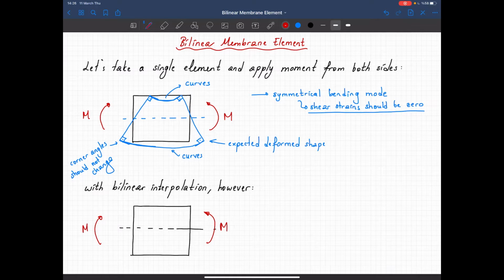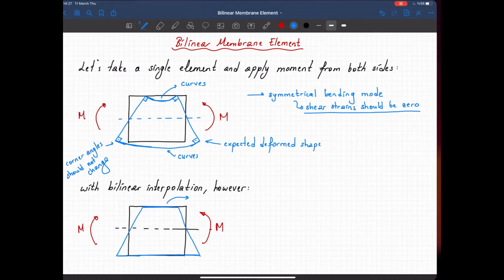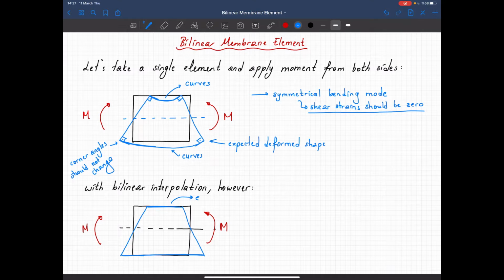With the bilinear interpolation, we are saying that the edges should remain linear, right? It's because we don't have any other information in our displacement interpolation. That's the way we are interpolating the deformed shape of this member. So the edge can only deform linearly.